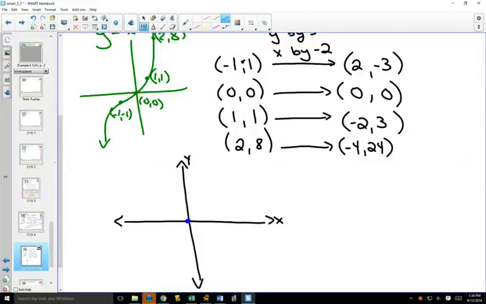And we can start by labeling all of these. So we have 0, 0, 2, negative 3, negative 2, 3, and negative 4, 24. Estimate somewhere up there.